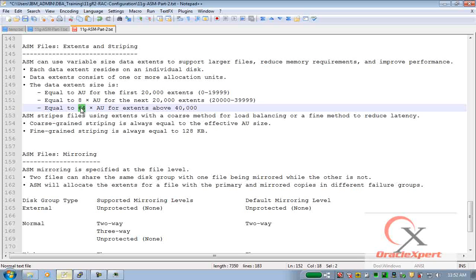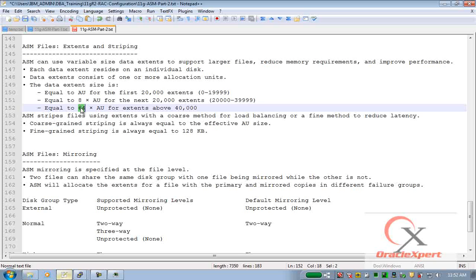So if a file is small, probably a data extent is of 1 MB. If file is larger than 20 GB, then first 20 GB allocation of data extent is of 1 MB. Later data extents are in multiples of 8 MB. So 8 MB data extent, and these data extents are striped across all the participating disks.